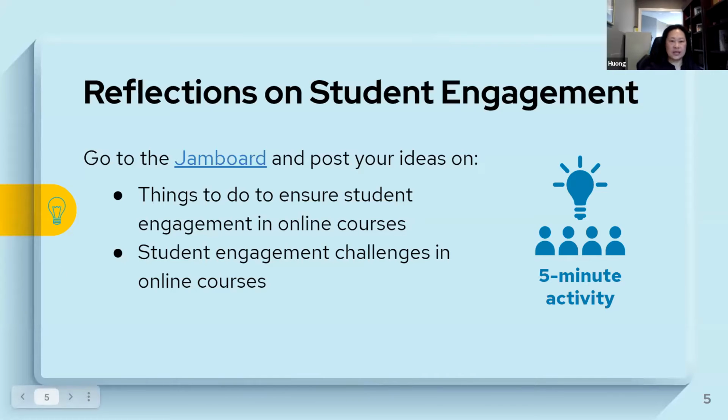So we go right into the next activity here. This one is to get you to think about your thoughts and reflections on student engagement. For example, things that you do to ensure student engagement in online courses, and some of the challenges that you may have faced, or even if you haven't faced them, that you may have heard about. John will share the link in the chat for the Jamboard.